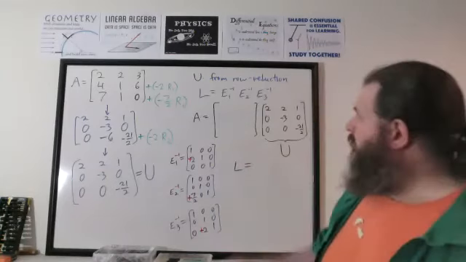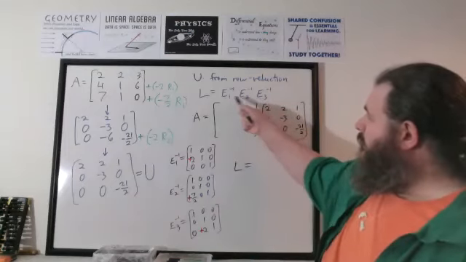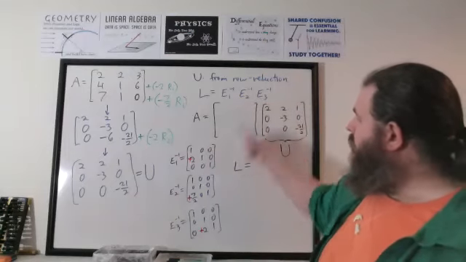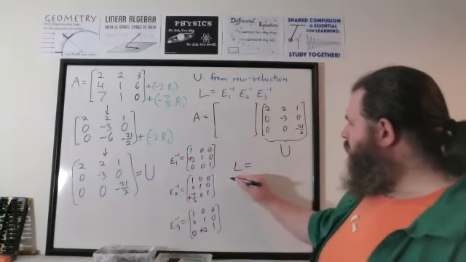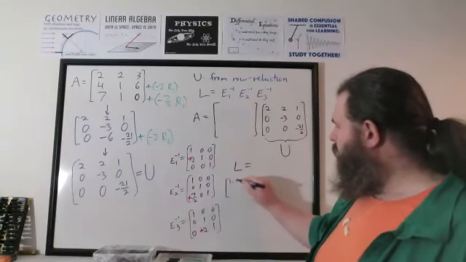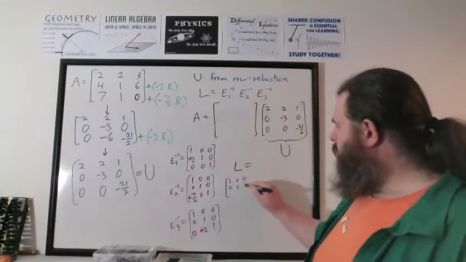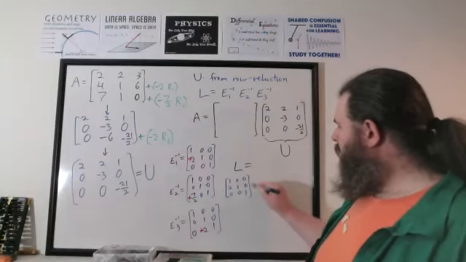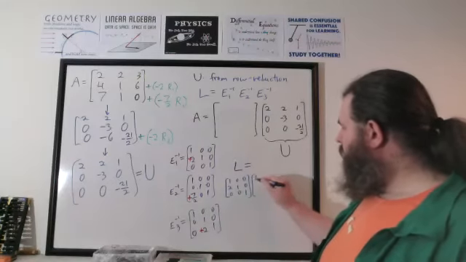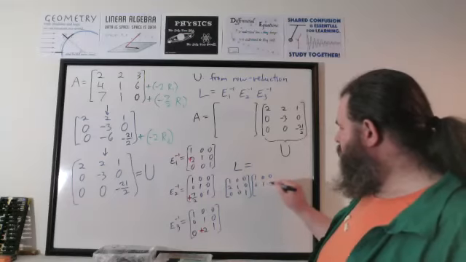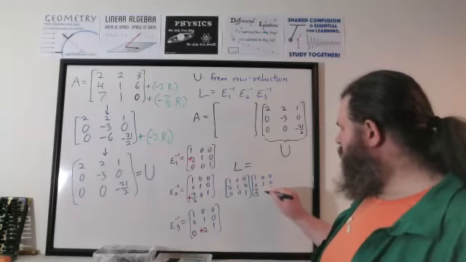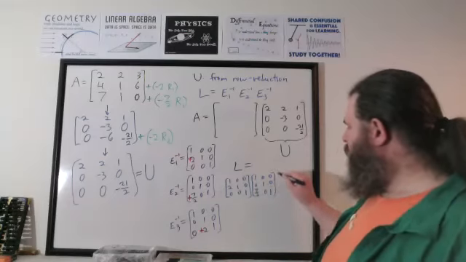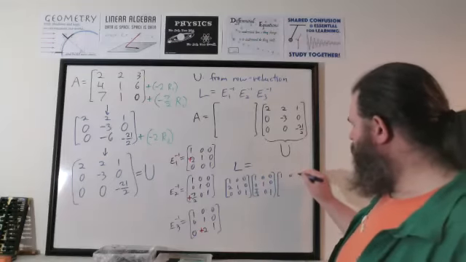Yeah, we multiply them together, and specifically in that order: E1 inverse times E2 inverse times E3 inverse. So L is going to be E1 inverse times E2 inverse times E3 inverse.